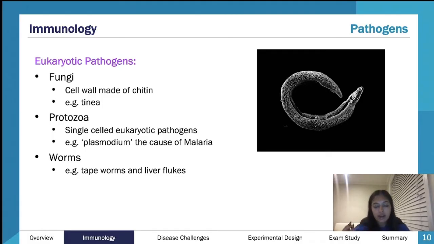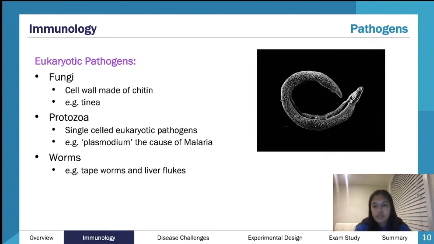They're the vector. Just like in Unit 3 when you discuss plasmids and how your plasmid is the vector for carrying your target gene into your bacterium, your mosquito is basically the vector of carrying this protozoa, this plasmodium, into the human. So that's the pathogen we're thinking about.